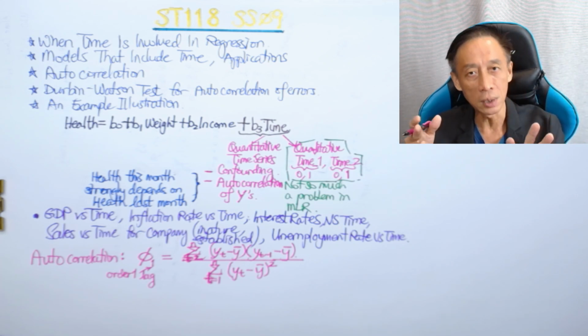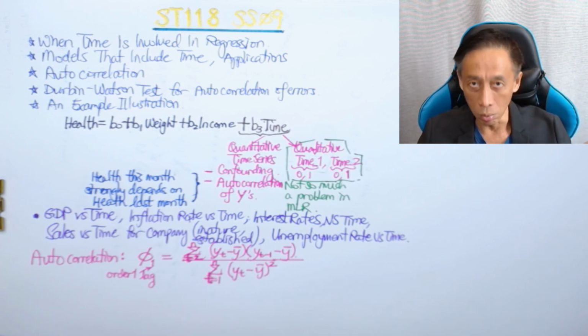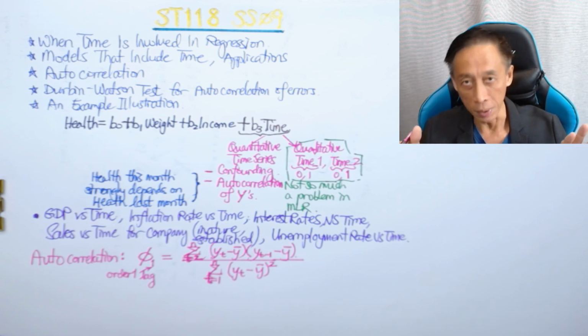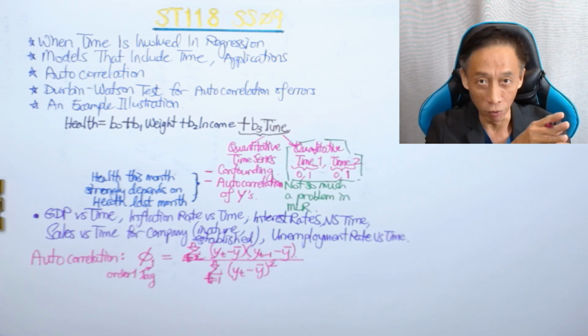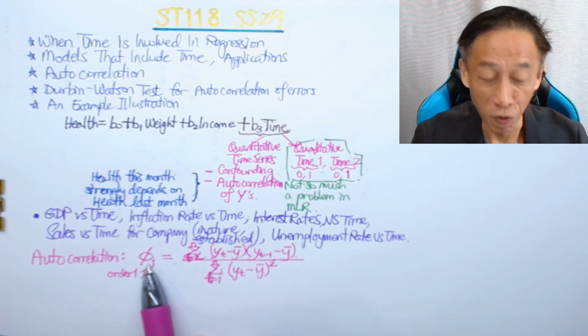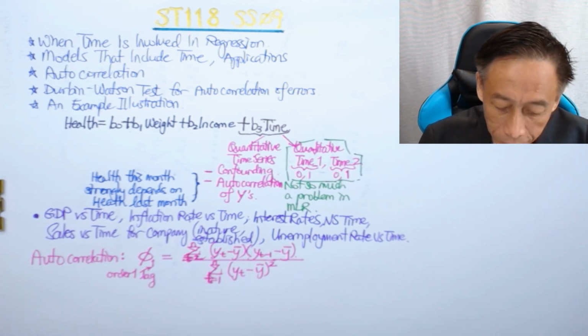So if this policy were implemented, then we'll see the GDP 2 years ago influence this year's GDP because of the rebate, right? And the autocorrelation will have to take into account the lag 2 effect, the order 2 autocorrelation. So then we will do a phi of 2 calculation. That basically is the idea.